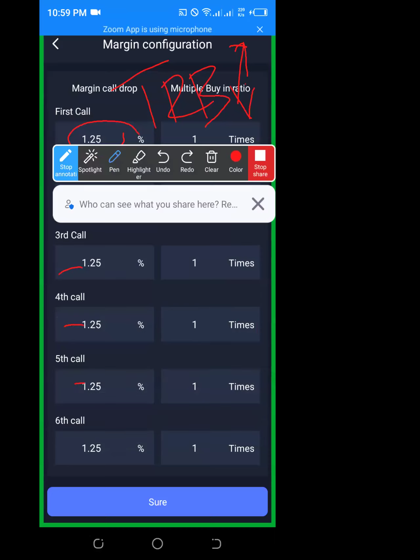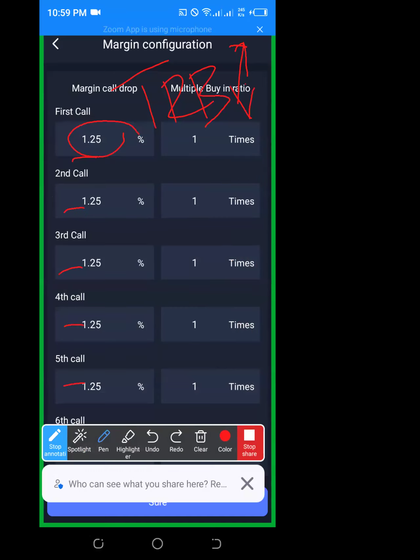Just put it in your mind that these are negatives. This is just depreciation. When the value of TRB depreciates by 1.25%, the robot will add more money.